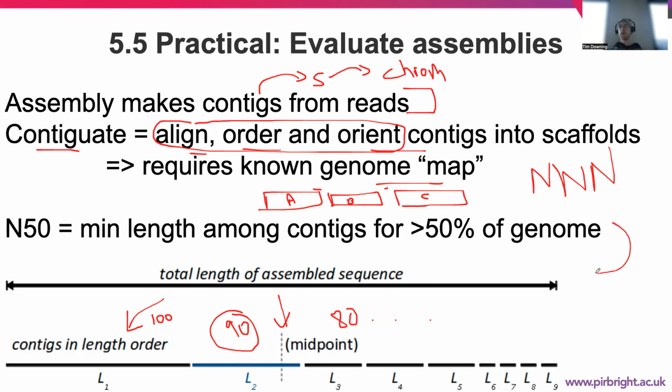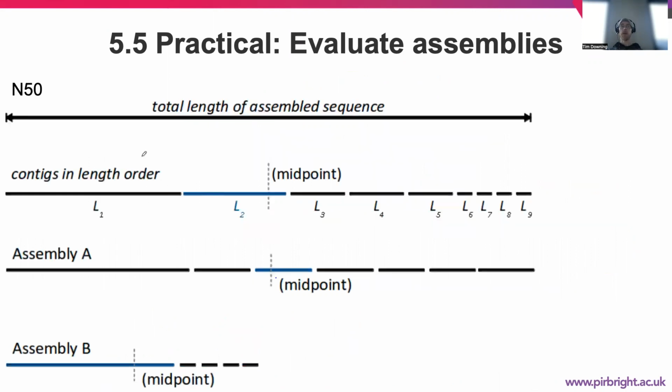So we then move on to look at the N50 metrics for these scaffolded contigs. And you can look at how they work. So let's say we have another example here that this is 90, and this one is 70, and this one is 60, and then we have 40, and so on.